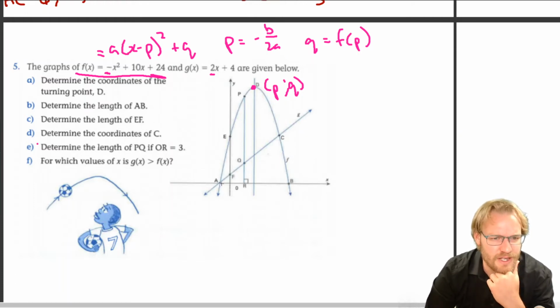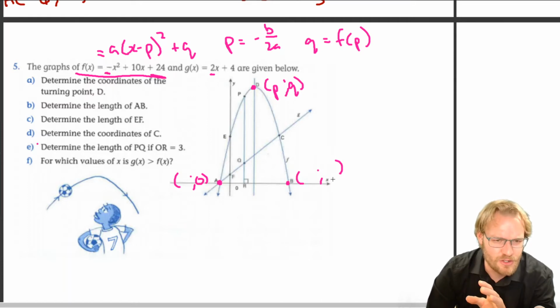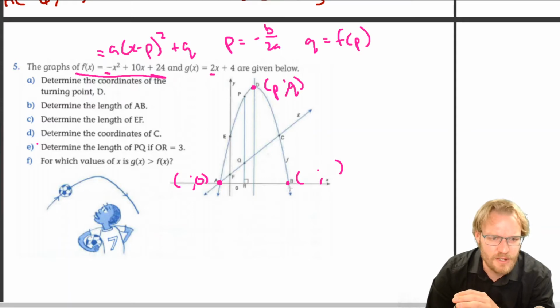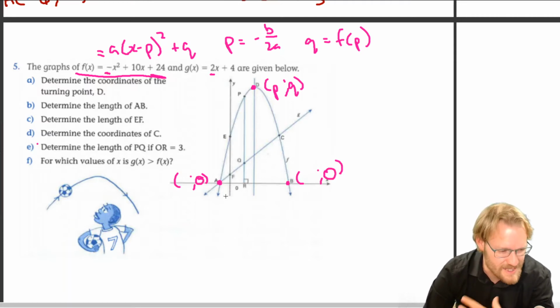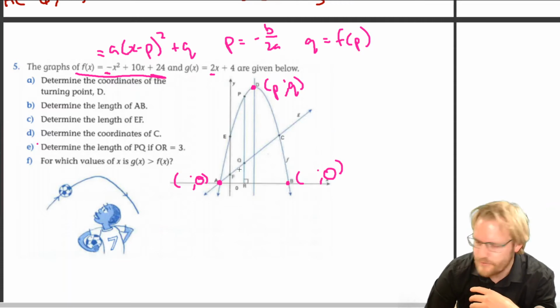Determine the length of AB. Okay, what's special about points A and B? Well, they're just the x-intercepts of our parabola. And in fact, A is the x-intercept of our straight line. So if we can just work out the x-intercepts of the parabola, or work out the x-intercept of our straight line, or I'll show you another way, just because it's worthwhile knowing and just keeping on deepening our knowledge of parabolas.